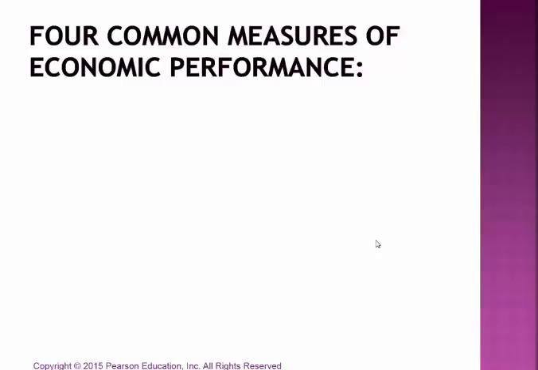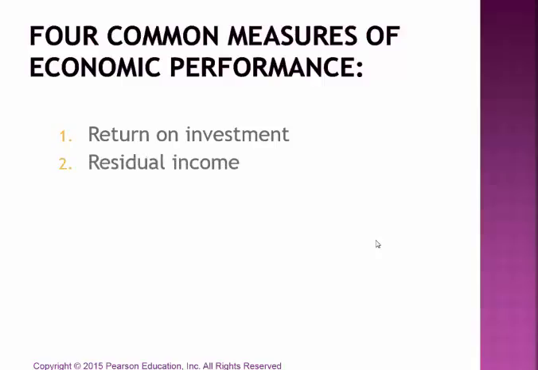We're going to look at internal financial measures per subunit, and we're going to base these measures on accounting numbers that are routinely reported by organizations in general. So ROI, or return on investment, is one of the ones we will calculate.